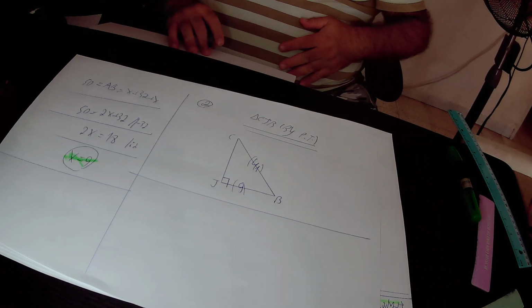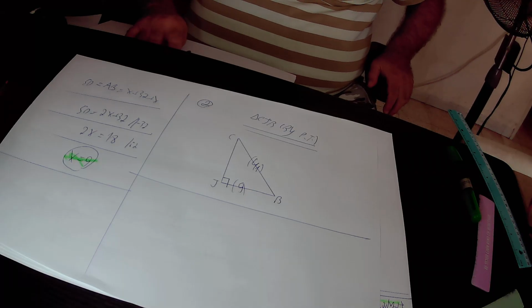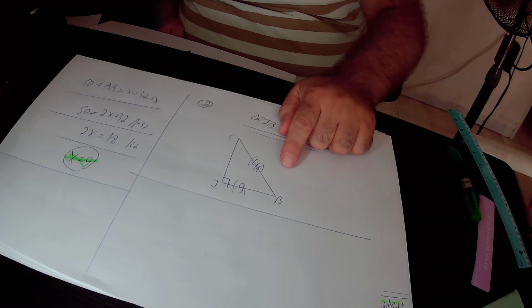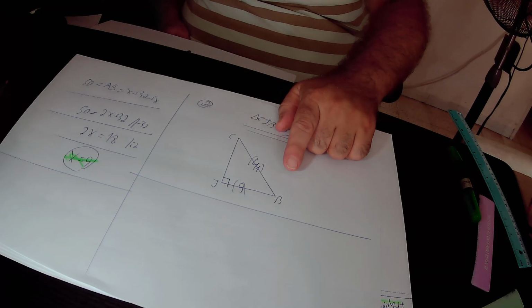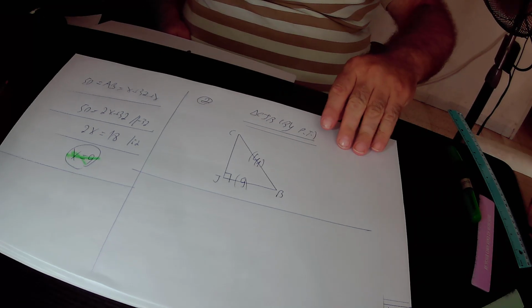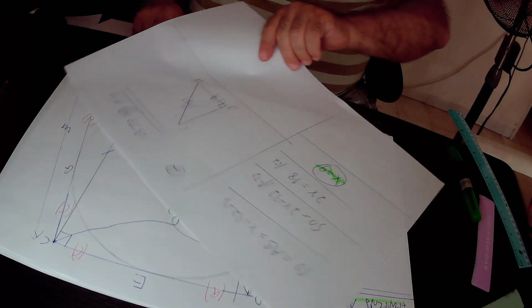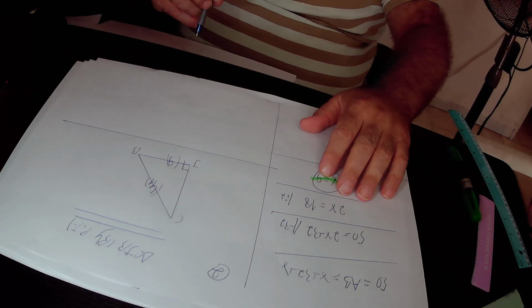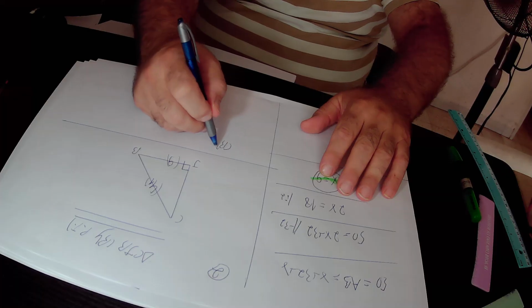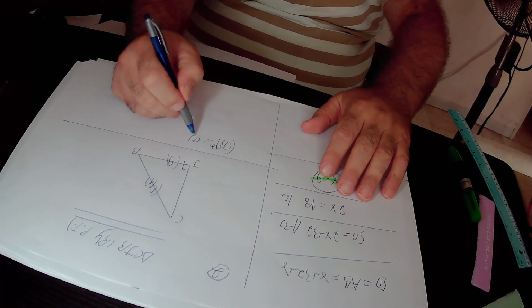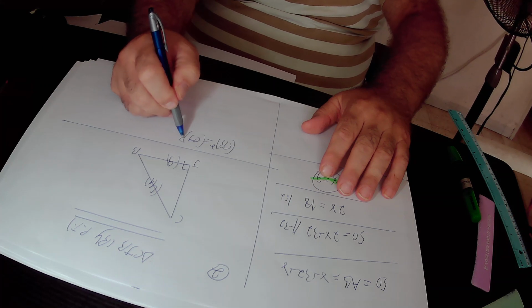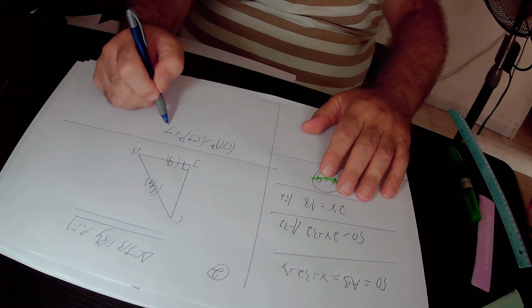In this right triangle CJB, according to the Pythagoras theorem, CB squared, that is the square of the hypotenuse, equals CJ squared plus JB squared. So I write it down. CB squared, that is the square of the hypotenuse, equals CJ squared plus JB squared.